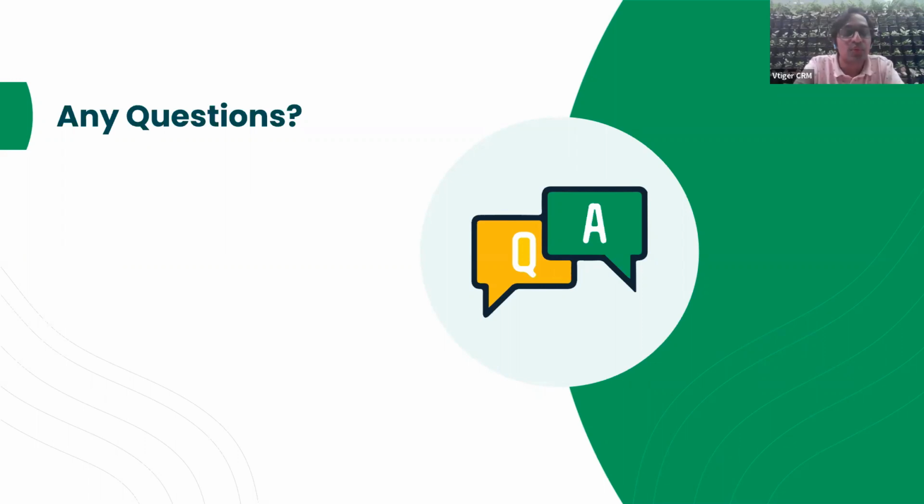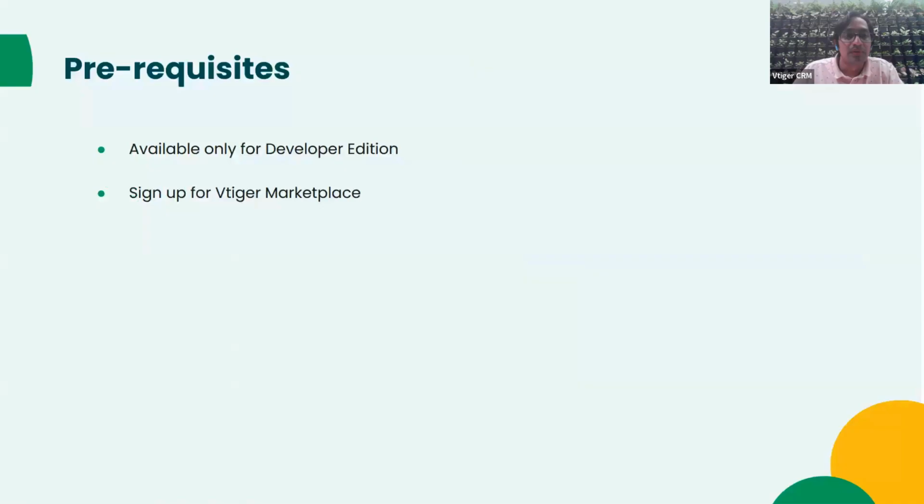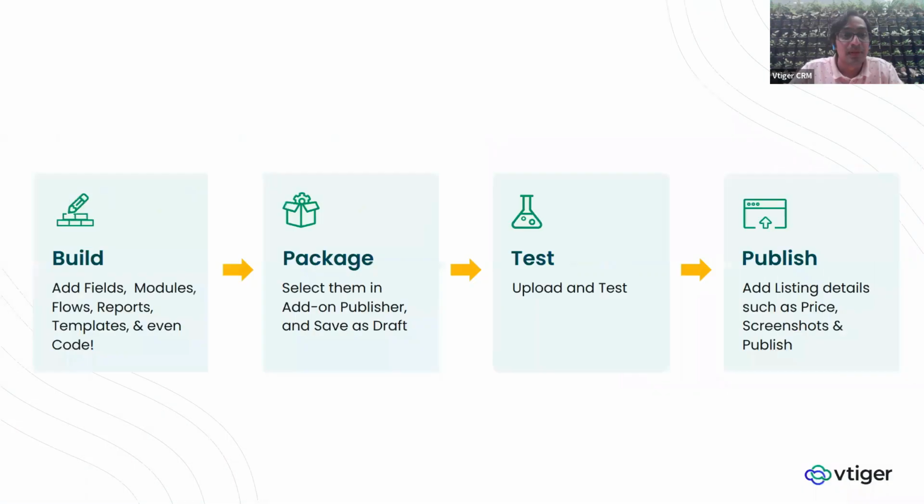In case you do have any questions, you can also send an email to platform@vtiger.com, and we typically respond to you within 1 business day. Any questions related to extensions, or the prerequisites about the extension publisher, or any doubts on the steps you need to follow for publishing an extension?